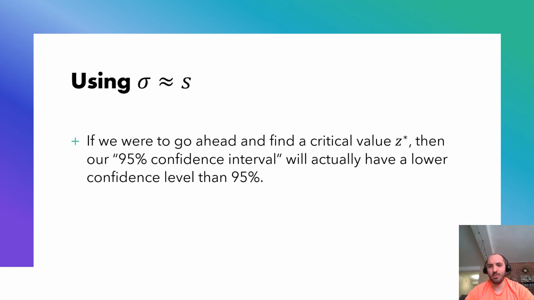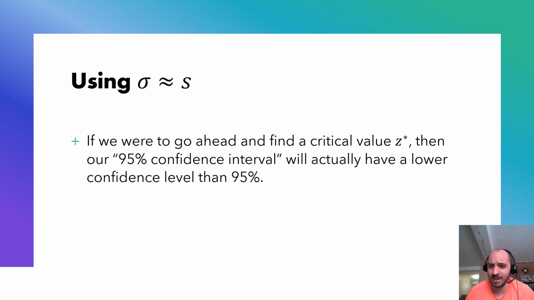When we do that, we're inserting a lot more variability. And if we were to just go ahead and use a standard normal table and estimate with z-score, so use z as our critical value, when we go to ask for a 95% confidence interval, we could do all our computations fine, but you'd actually have a confidence level lower than 95%.